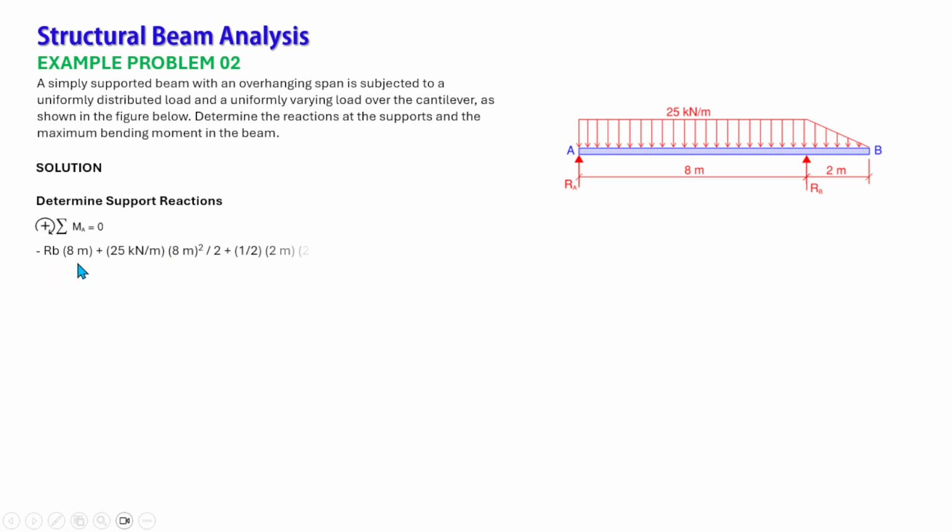So minus RB times 8, that is counterclockwise, plus the clockwise moment due to the uniform load, which is 25 kilonewton per meter, times the square of 8 meters all over 2, plus the clockwise load due to the varying load here at the cantilever end, which is equal to 1/2 times 2 times 25, the area of the triangle, times the moment arm from point A, and that is 2 meters over 3, 1/3 of the triangle, plus 8 meters, and that is equal to 0.